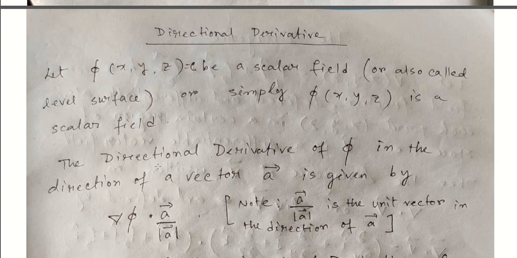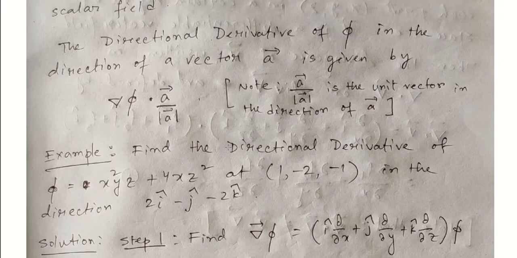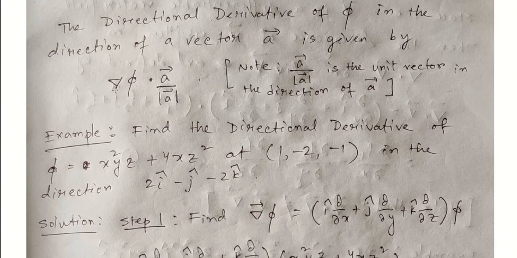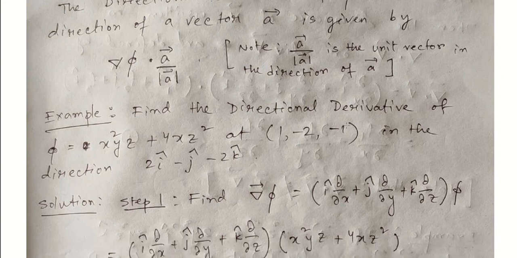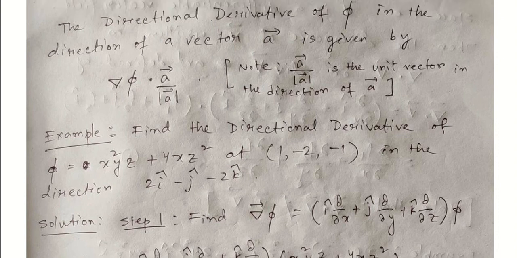So the maximum value of the directional derivative is nothing but grad phi. The directional derivative is maximum in the direction of grad phi. Remember this. Directional derivative is maximum in the direction of grad phi.